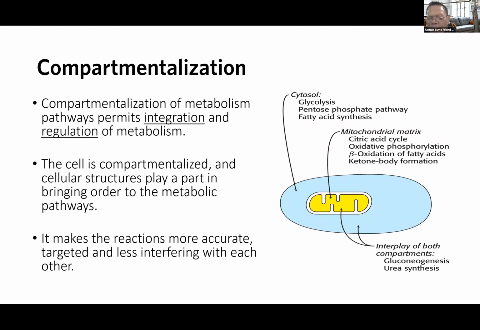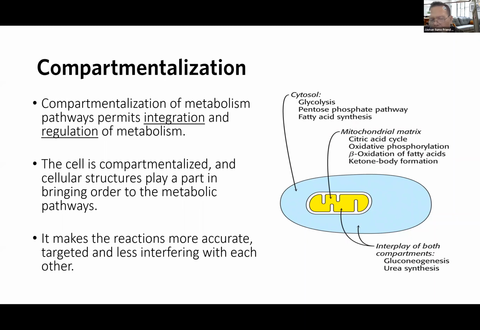This is a cell, this is the cytosol, and in the inner side of the cell, there are mitochondria. Cytosol and mitochondria are completely different in terms of the metabolism pathways that occur.